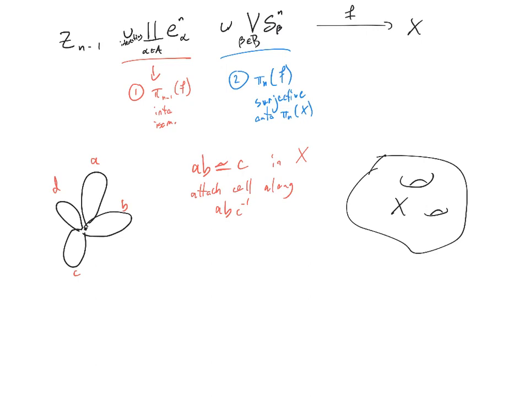And maybe you also attach one along D squared, because D squared is also trivial, so it's equal to the constant map at x0 in pi 1. And then you've added a bunch of new cells, so you've got this complicated twisting cell over here, and the other ones going around A, B, and C, and now this looks bad. But then you also add in a bunch of new spheres that you're adding on to this bouquet in order to surject onto X.